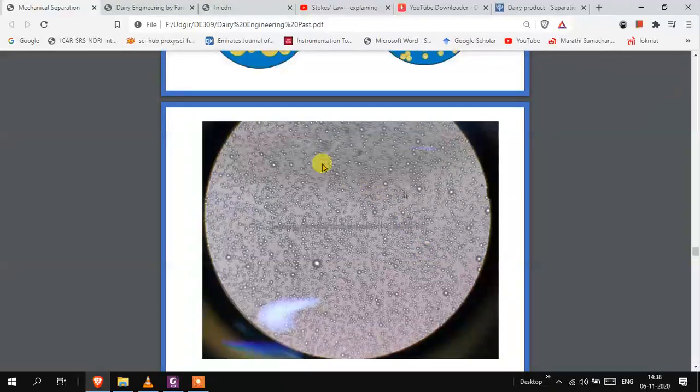So here you can see that this is the homogenized milk, and the small globules are the fat globules which are below 2 microns. Some may be 4 or 5 microns also, okay, but generally all my fat globules are below 2 micron. So this is the actual image of the fat globules seen under the light microscope.